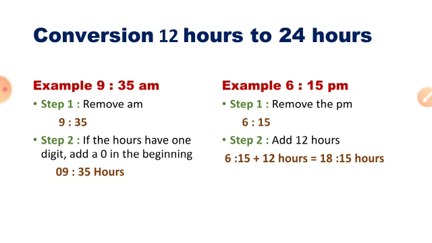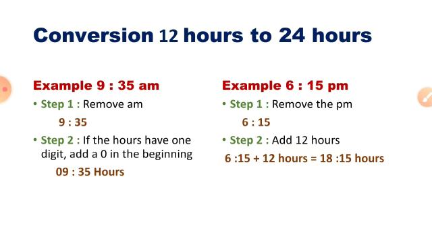That's why we are adding a 0 in the hours place, before that hour. So what will you get? You will get 09:35. And if you are writing the time in 24 hours, you have to denote this as hours.